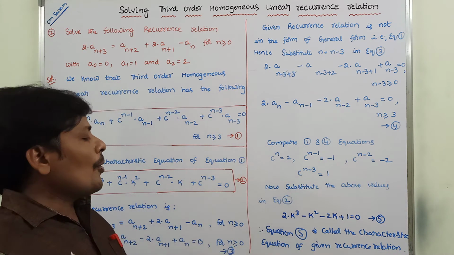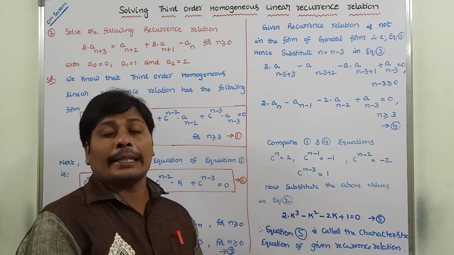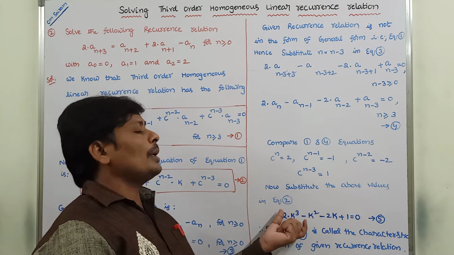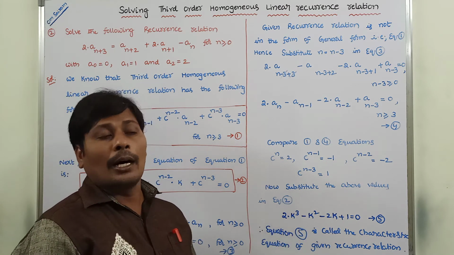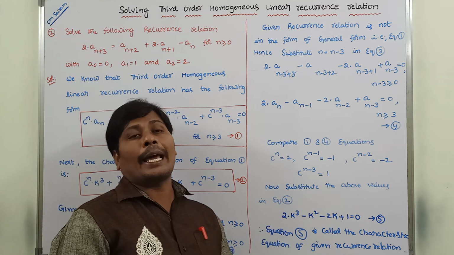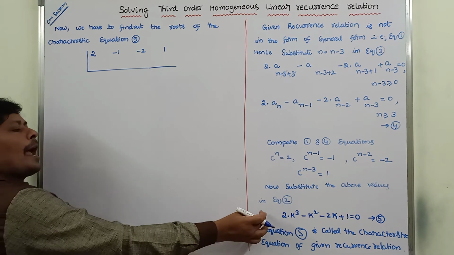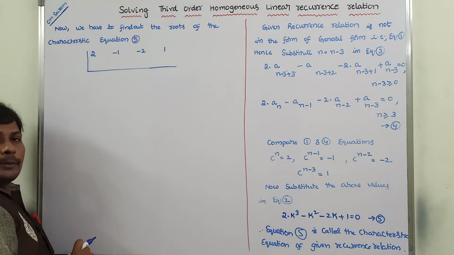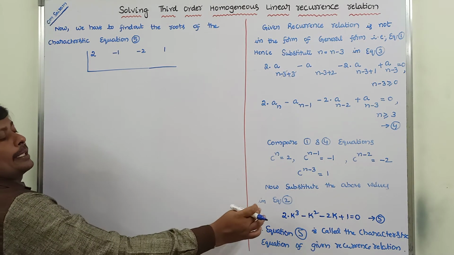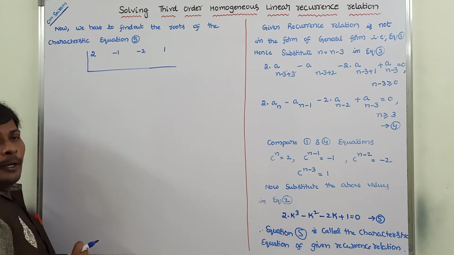Okay. So once we are getting the characteristic equation, then we have to find out the roots of the characteristic equation. Okay. Now we have to find out the roots of the characteristic equation 5.